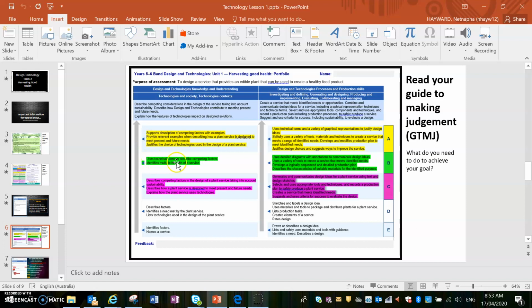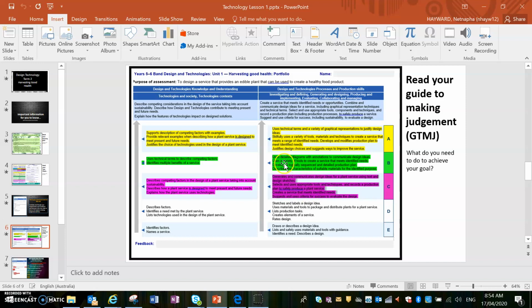Then you need to go up to this one here. It says multiple benefits, not just one or two, just multiples. And then there's relevant examples as well, not just describing. You have to provide some examples. So from a C, you can build on to get a B, and build on to get an A. And that works the same on this side here, where you're generating and communicating design ideas.